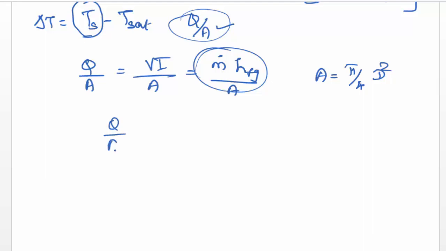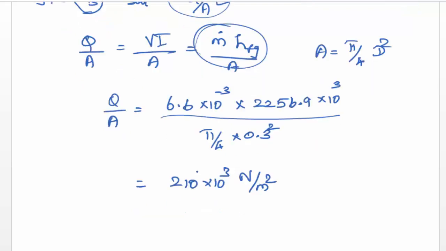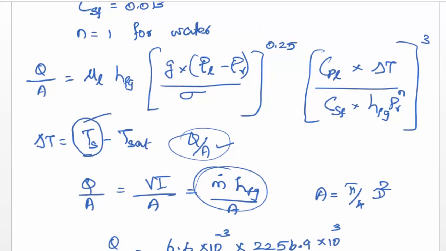So Q by A equals m dot, which is 6.6 into 10 to the power minus 3, into HFG value 2256.9 into 10 to the power 3, divided by pi by 4 into 0.3 squared, and you will get the Q by A value as 210 into 10 to the power 3 Newton per meter squared.